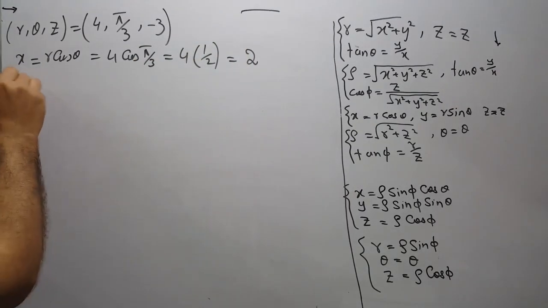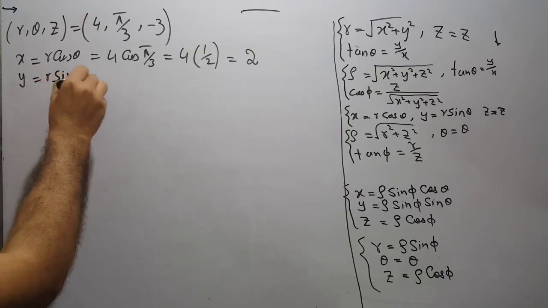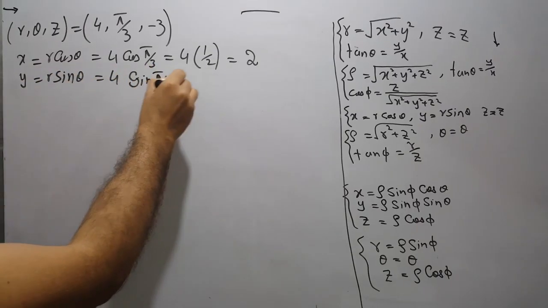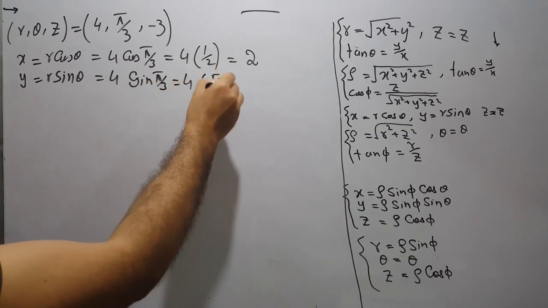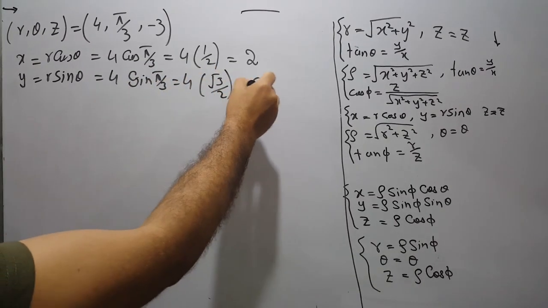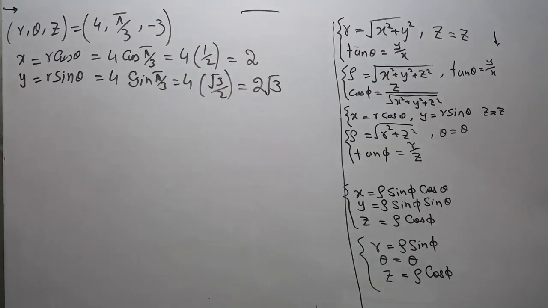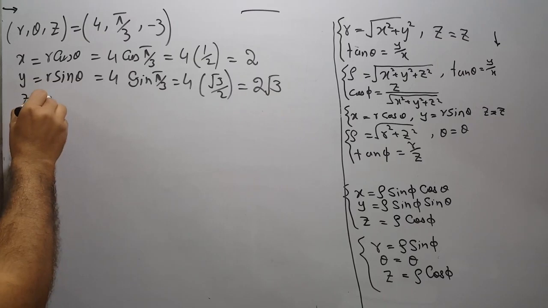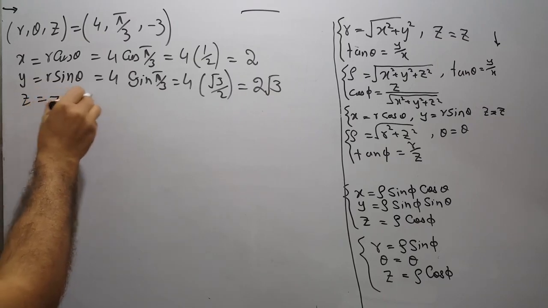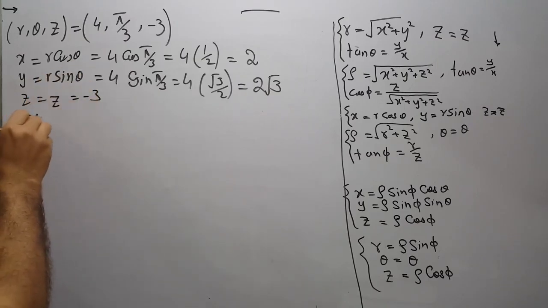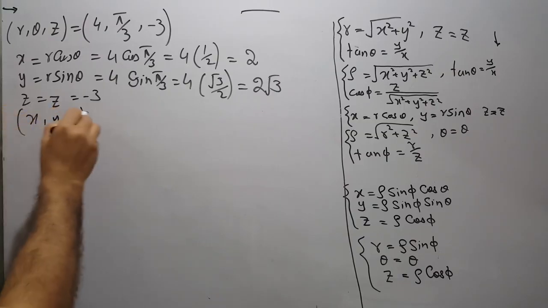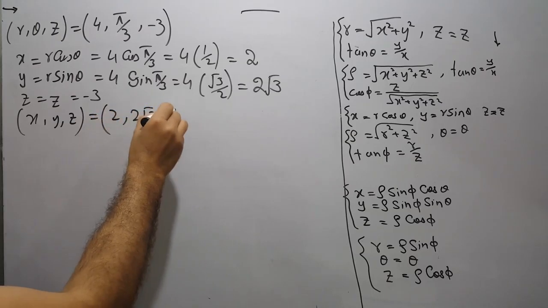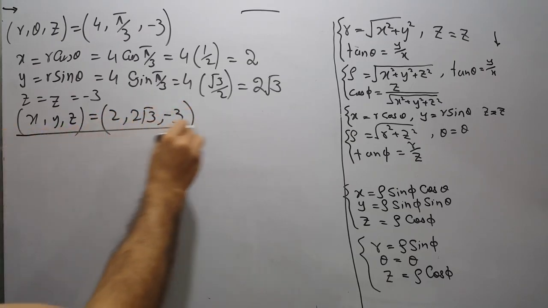Then y is r sine theta. r is 4, sine pi by 3 is square root 3 over 2, so the 2s cancel out and you have the answer 2 square root 3. And we said that z is not changing, so z is minus 3. So your x, y, and z coordinates are 2, 2 square root 3, and minus 3.